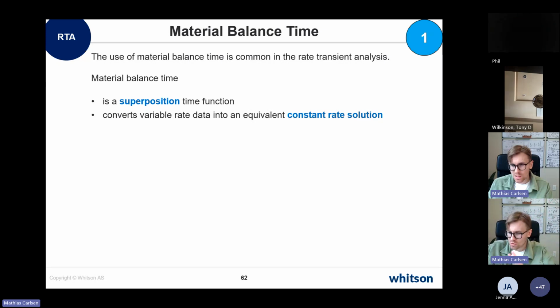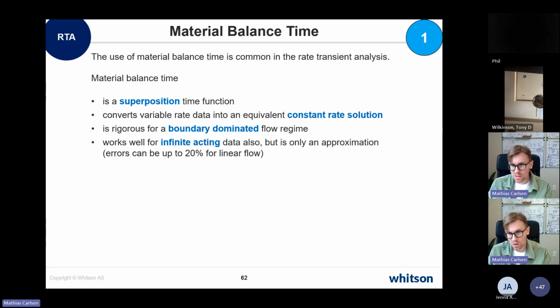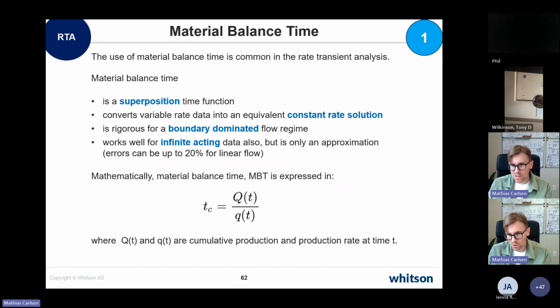A little bit abstract. It's rigorous for boundary dominated flow, and it also works great for infinite acting data. The beautiful thing about it, when Blasingame and these folks came up with it, is that it's very simple. All of us can do this in Excel. You just take the cumulative until a given date, and you divide by the rate, and you get units of days. That's what you are essentially assuming is your time. So that's material balance time for you.